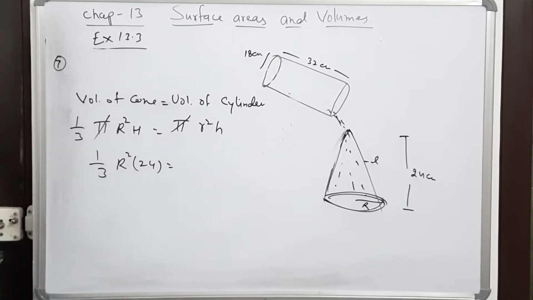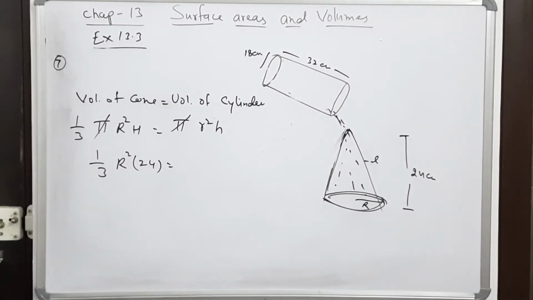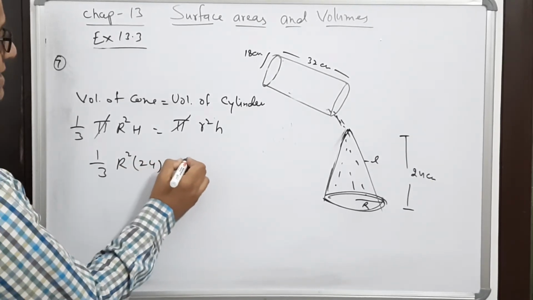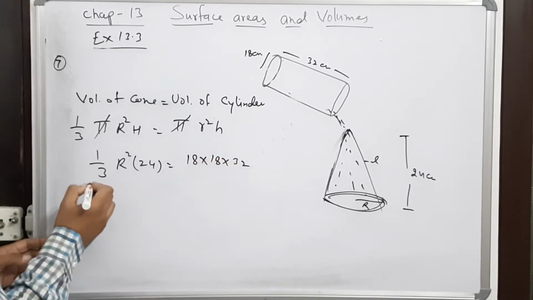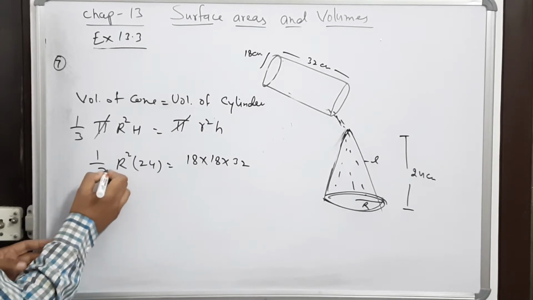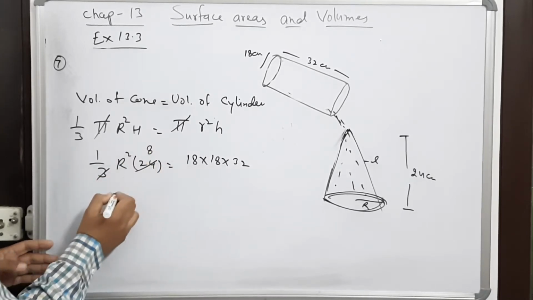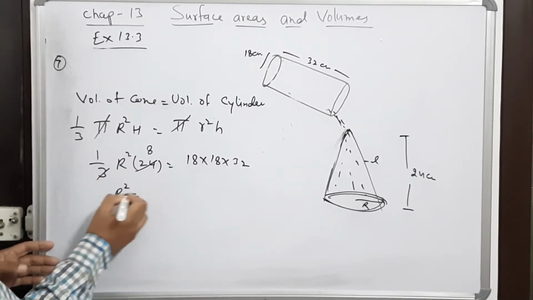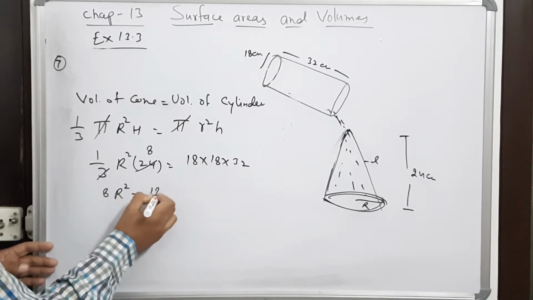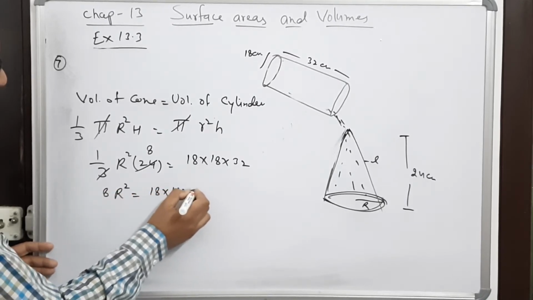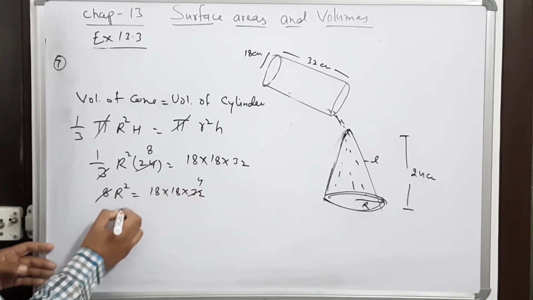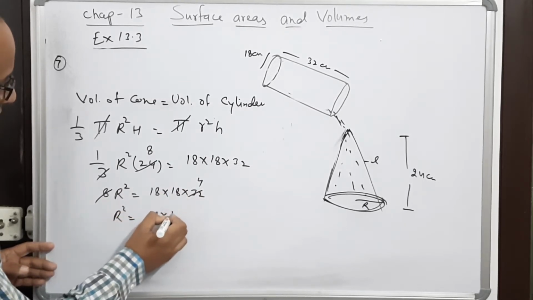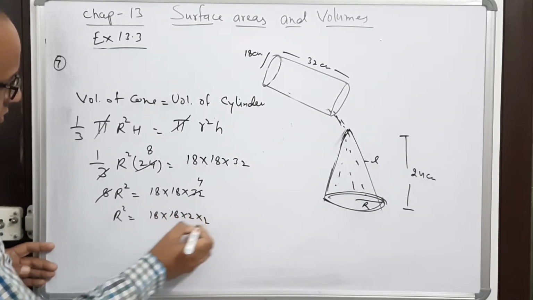It is given already, the height is 24. Here the radius is 18 into 18 into 32. Here if you cancel it, it is 8. So 8 r square is 18 into 18 into 32. And if you cancel, this will be 4. So r square is 18 into 18 into 2 into 2.